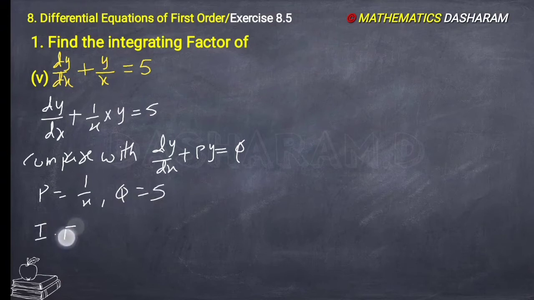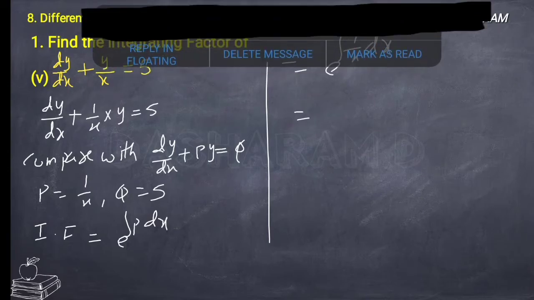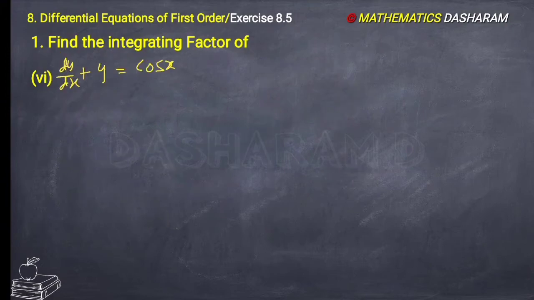Then the integrating factor is e to the power of integration P dx, which equals e to the power of integration 1/x dx. So e to the power of log x, then e and log cancel. So the answer is x.